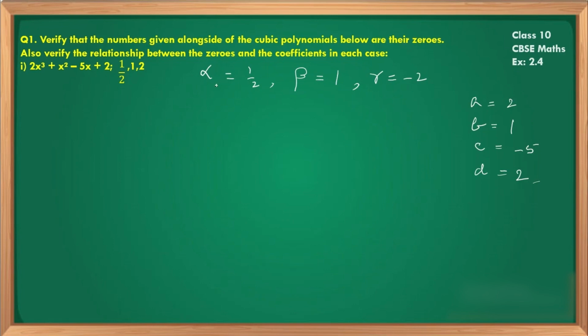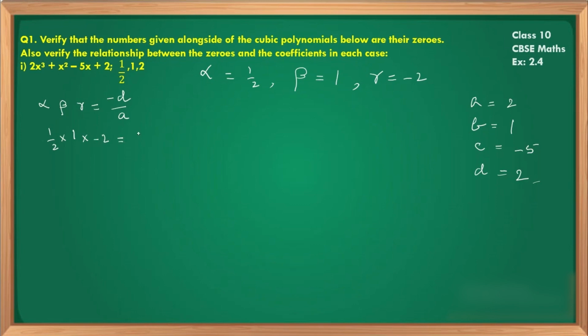Now we are going to do the product of zeros. Product of zeros is alpha into beta into gamma. This is equal to minus d by a. This we must remember when we have a cubic polynomial, and in place of alpha we can put 1 by 2 into beta is 1 and gamma is minus 2.